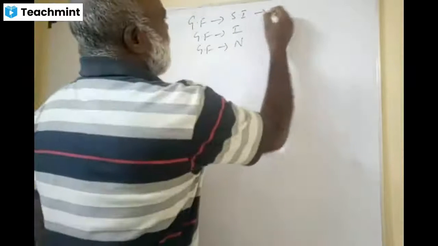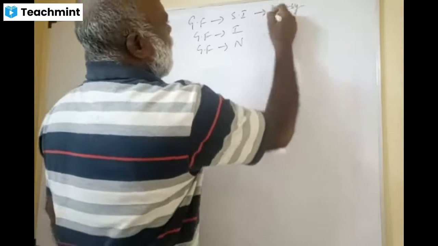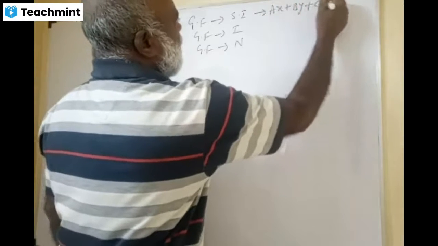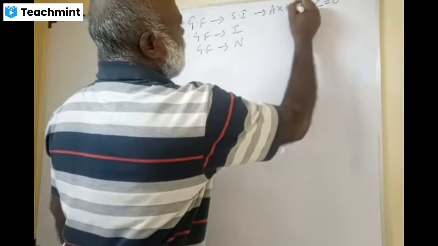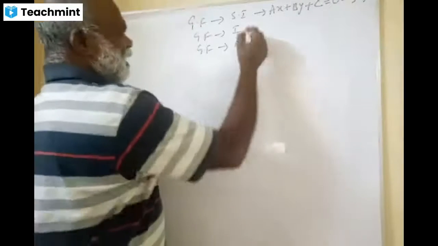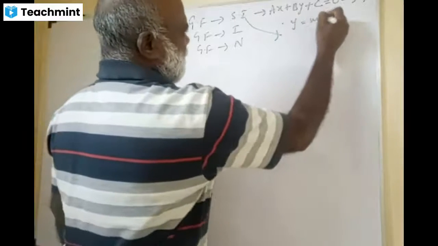That means Ax plus By plus C equal to 0 is the general equation. Slope intercept is y equal to mx plus c.